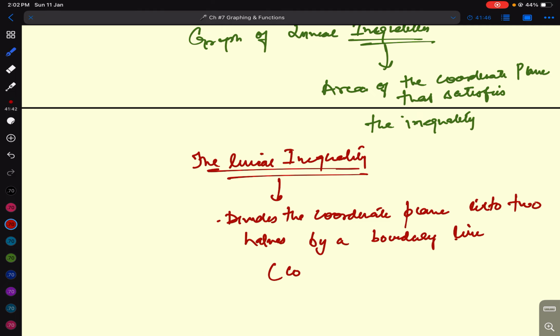Now by function I mean the inequality, or you can say the right side of the inequality. Now one side of the boundary line contains all the solutions of the inequality.